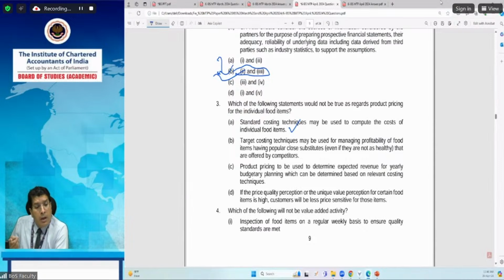Target costing is equally applicable here because it directly relates to market price. Here it is very important to understand which is offered by the competitors.